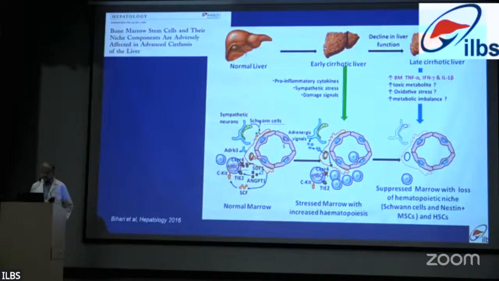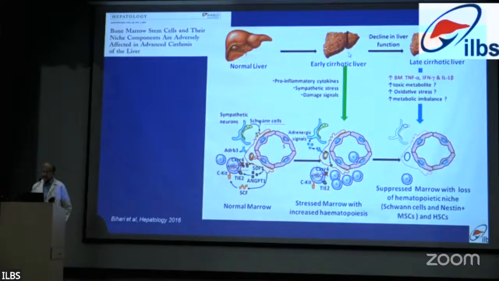In a normal liver, you have hematopoietic stem cells, HSCs, you have Schwann cells, you have sympathetic neurons, and you have nestin positive MSCs. Nestin positive MSCs are the ones which create further generation of cells.